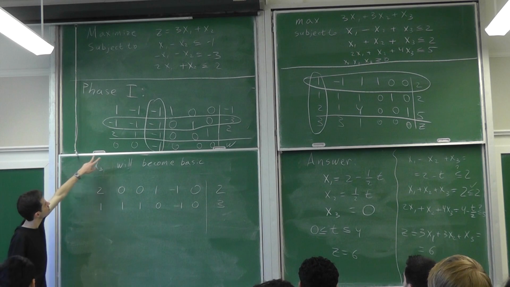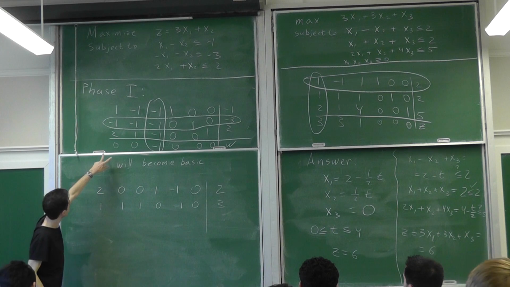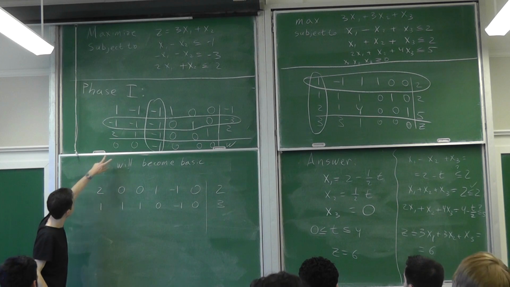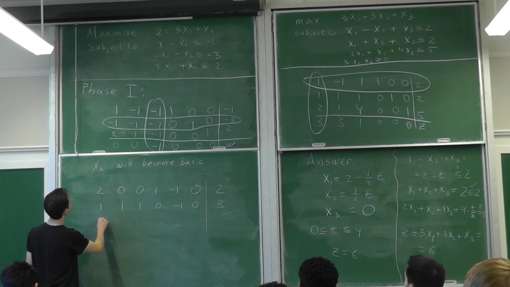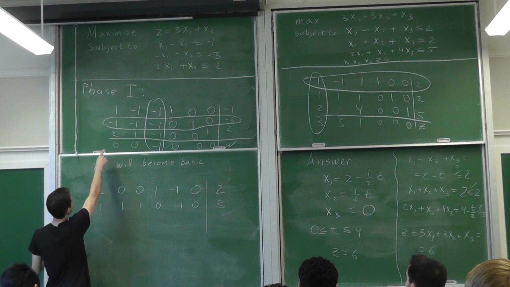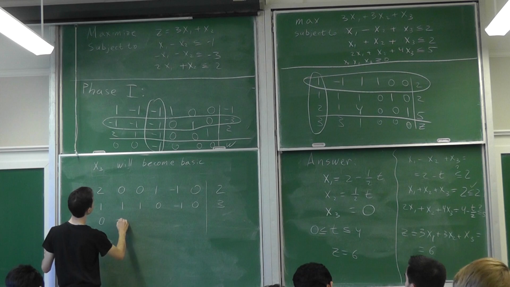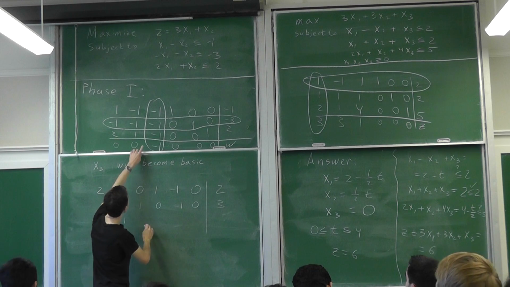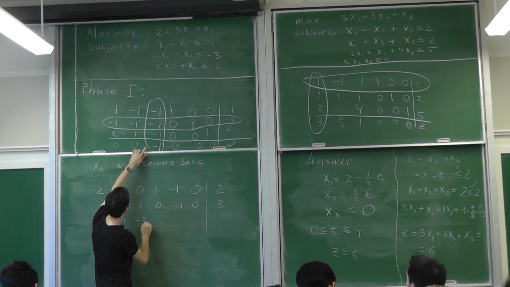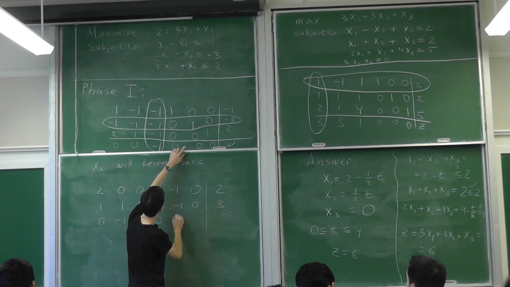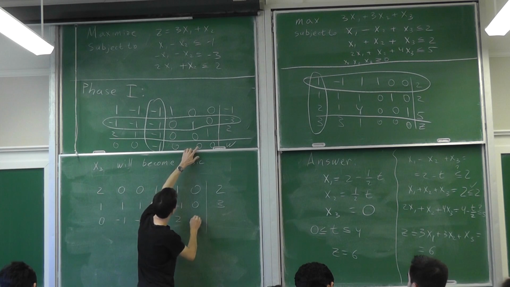Okay, last one. I'll add 2 times the second row. So it is 0, minus 1, minus 3, 0, 2, 1.